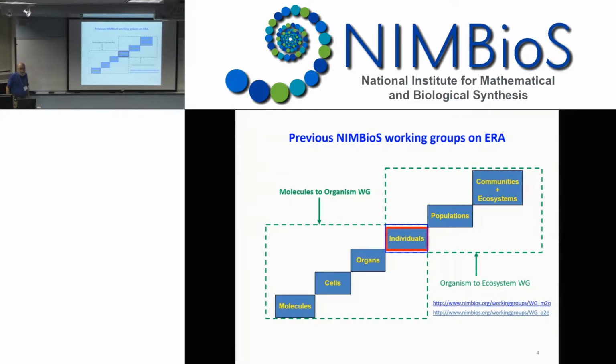This workshop takes place against the background of a previous Nimbus investigative workshop on a similar topic, but also on 2 previous Nimbus working groups, smaller working groups that aimed to transcend the levels of organization. One which was led by Cheryl Murphy, who, if you haven't met her, is sitting in the back row here, and myself focused on the suborganismal processes connect, and Angie was also a member of that group, and Phil, who's hiding in the corner there, was also a member of that group.